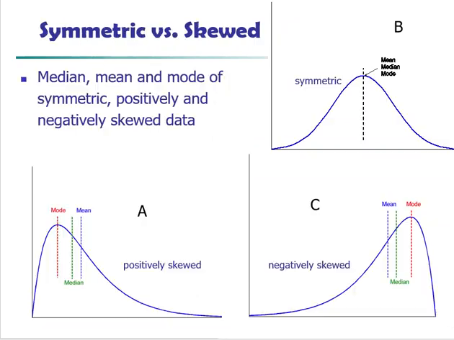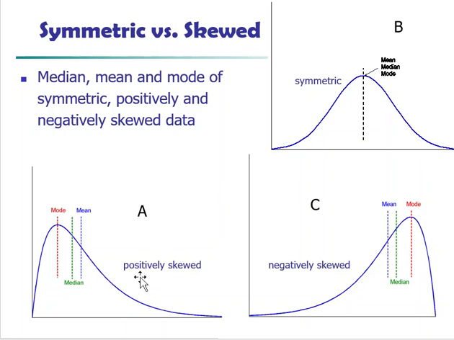Next, we're going to talk about the central tendencies. When we have the mean, why do we need the median? Because mean, median and mode may not always be the same thing. They will be the same only when your data is symmetric, following a normal distribution.